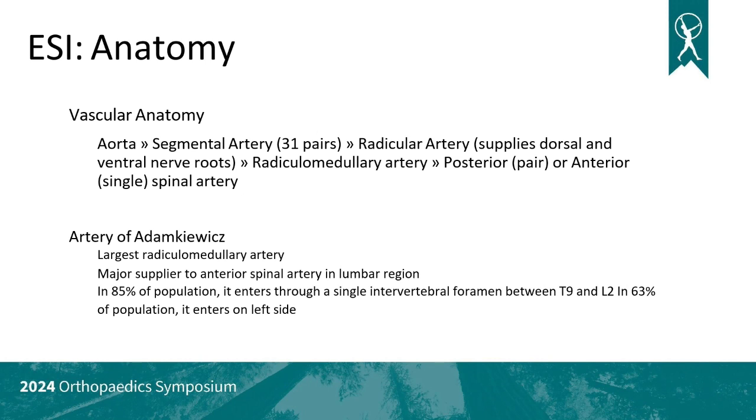Largest one of the radiculomedullary arteries is the artery of Adamkiewicz, which lives between T9 and L2, and most people on the left side, so that's the one you want to be most careful of.